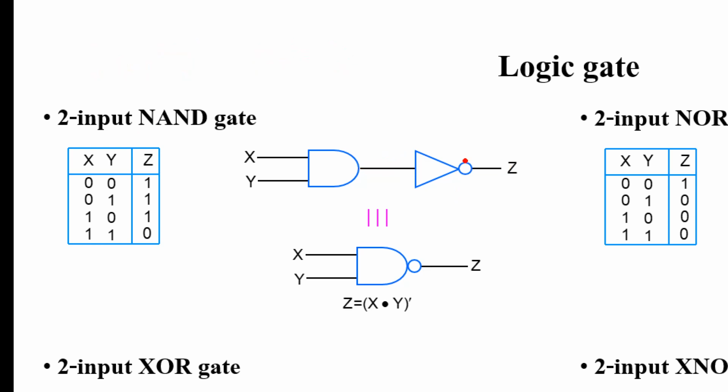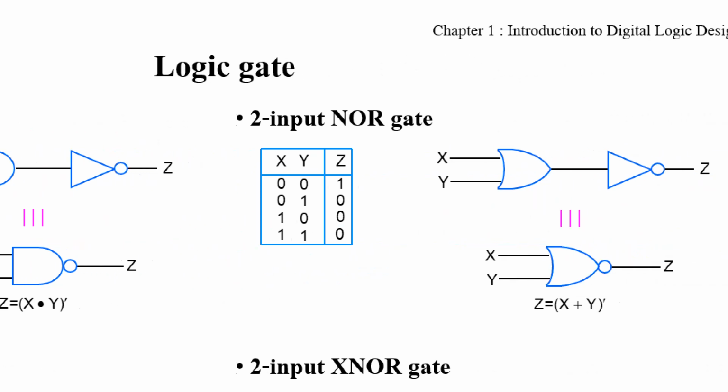So for convenience, we keep this inversion bubble attached to the output of the AND gate. So this is the symbol of NAND, not AND. That means the output of the NAND gate is the opposite of AND. For AND, the output is 0, 0, 0, 1. For NAND, the output is the opposite, so it becomes 1, 1, 1, 0.